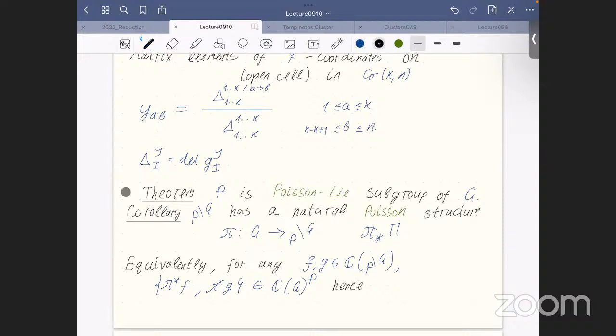Hence this Poisson bracket computed on G gives a well-defined Poisson bracket of f and g on the quotient. The Poisson bracket on G of these functions is an inverse image of the Poisson bracket.